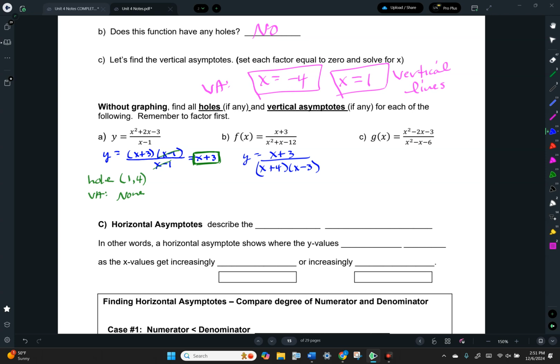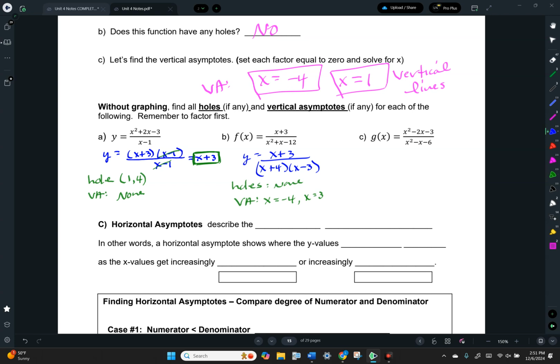In this case, nothing's going to cancel, and what that means is there are no holes. But what about vertical asymptotes? Well, again, this has two factors in the denominator. So the denominator would equal 0 either when x equals negative 4 or when x equals 3. So there are two vertical asymptotes.